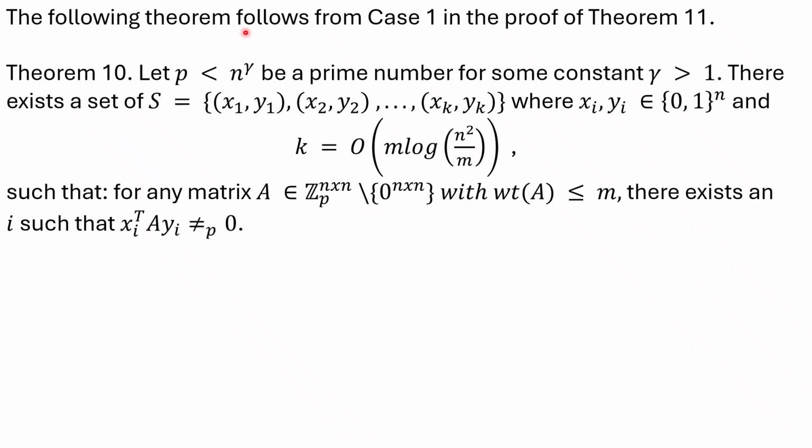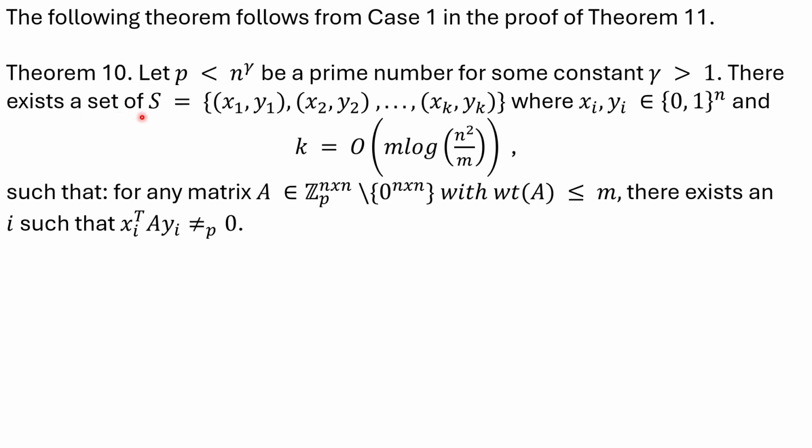The following theorem follows from case 1 of the proof of Theorem 11. So its proof will be in Theorem 11, but we're going to mention it here because we're going to use it later. Theorem 10. Let p be a prime number less than n to the power of phi, for some constant phi greater than 1.